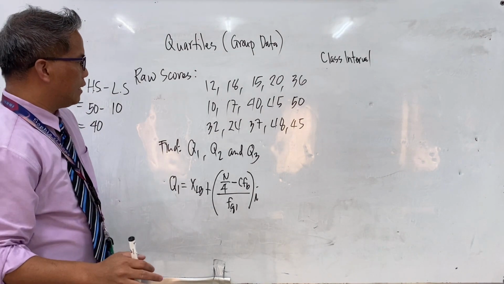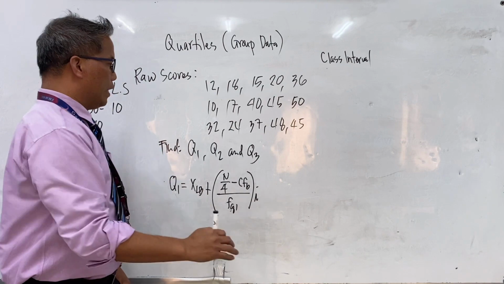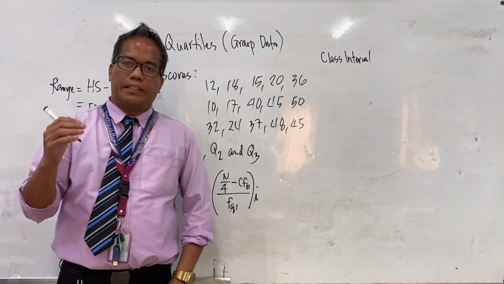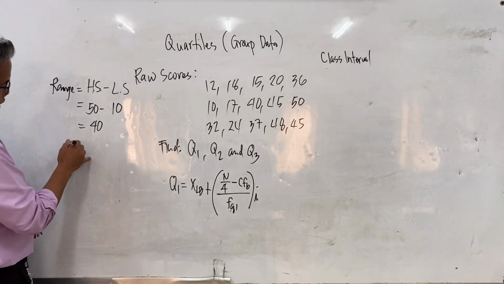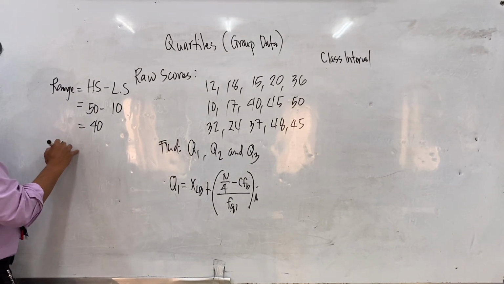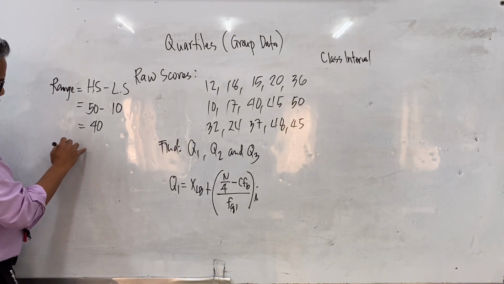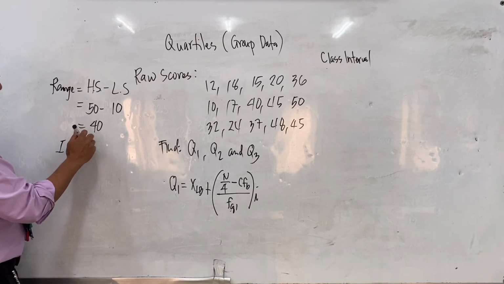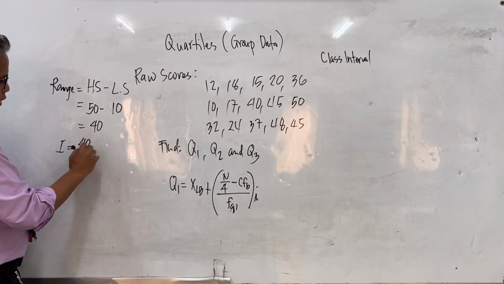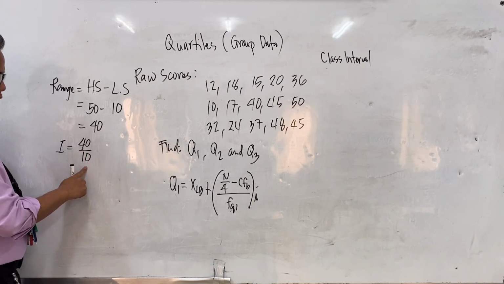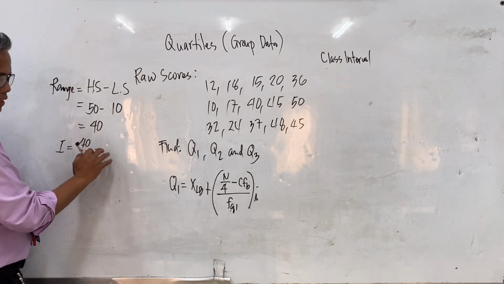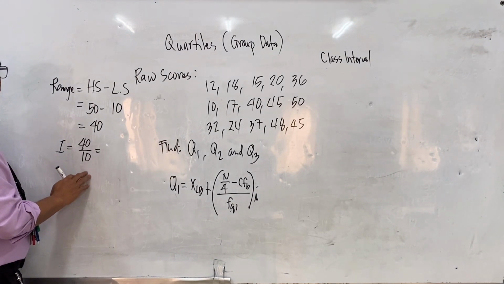And then after that, we are going to find the size of the class interval. So the size of the class interval, or I, is equal to 40 divided by 10. So we will use the divisor 10 here. This is constant already.